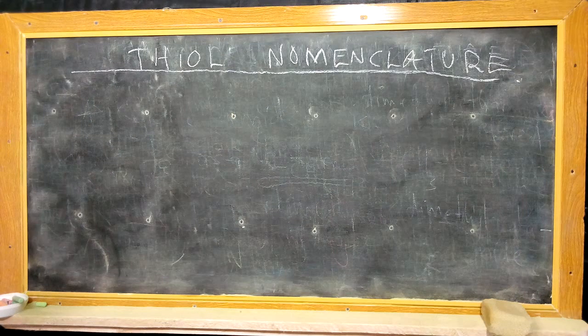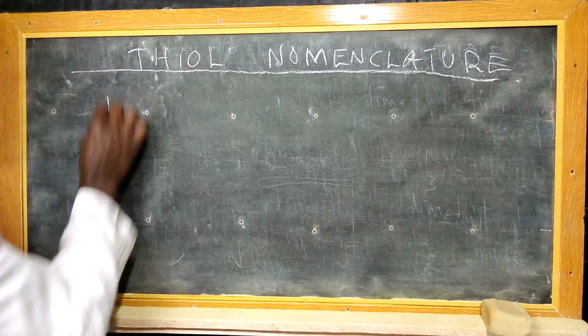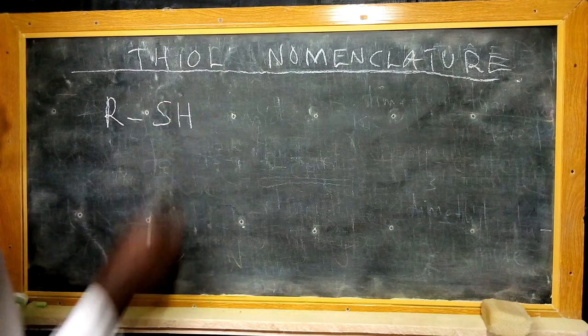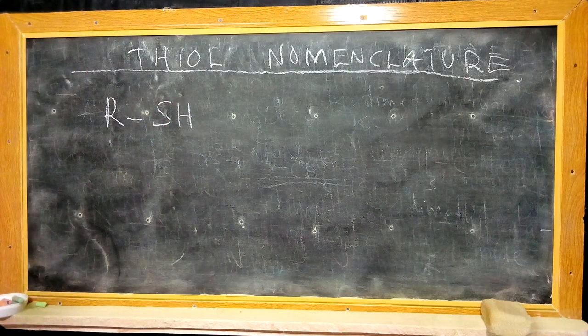So in that case, we shall start by writing the functional group of this class of organic compounds that we are calling thiols. Thiols have a radical, R, and then the functional group contains a sulfur hydrogen atom, SH.